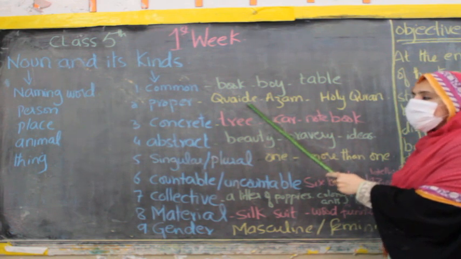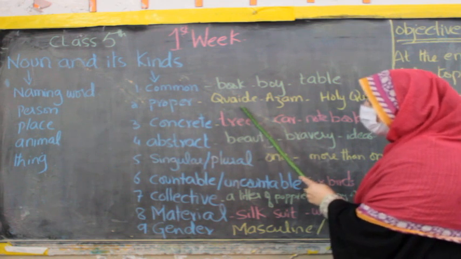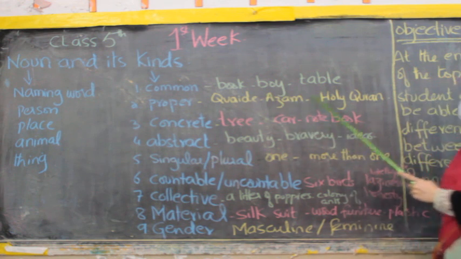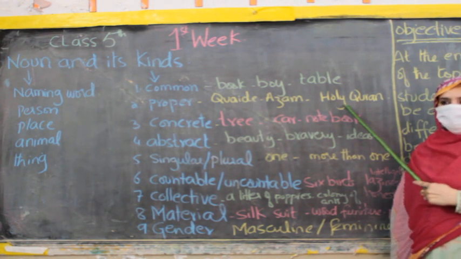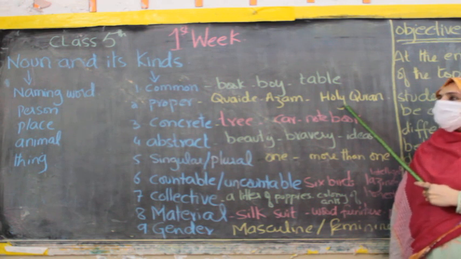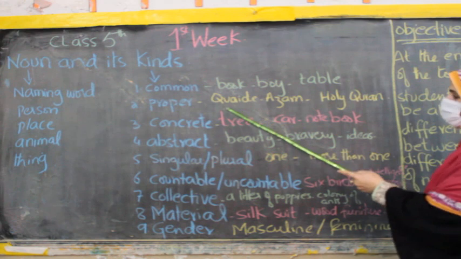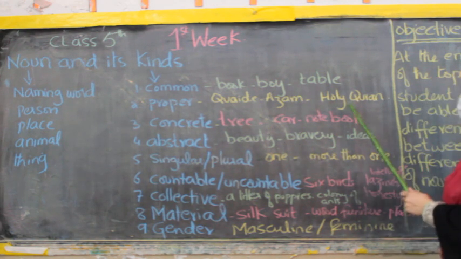So the student has to keep in mind that whenever you write proper noun, you will write it with capital letters. So Qaid-e-Azam and Holy Quran, because this is not an ordinary book, it's a very special book for Muslims, for all people, for all over the world. So whenever we mention something special, then we'll write them with a capital letter.